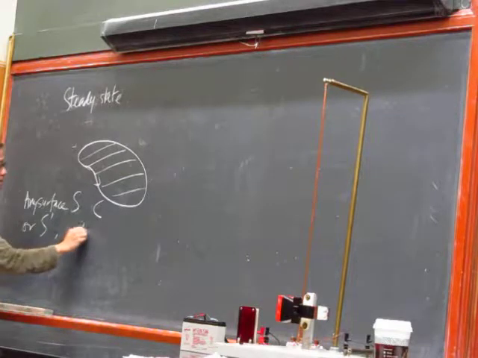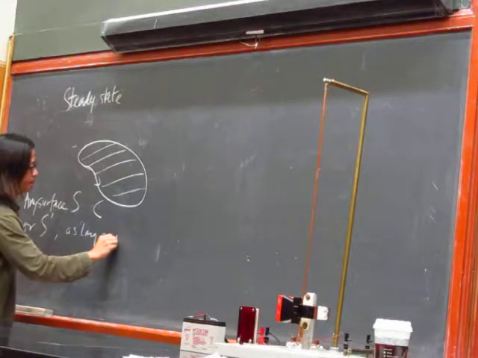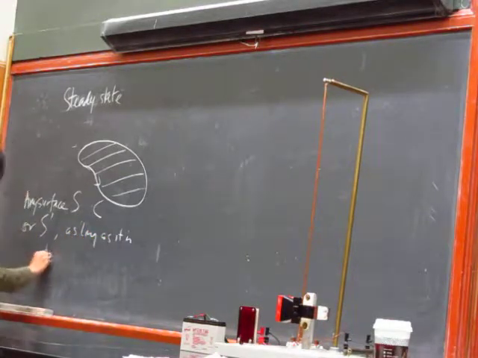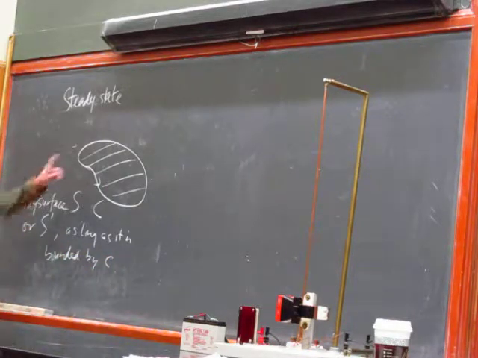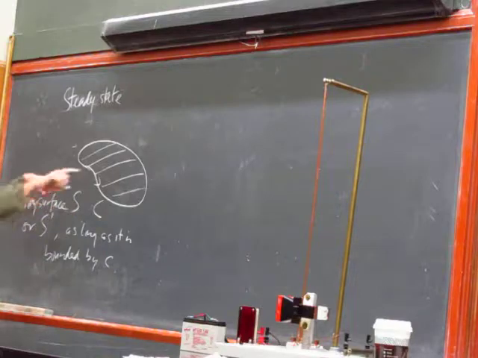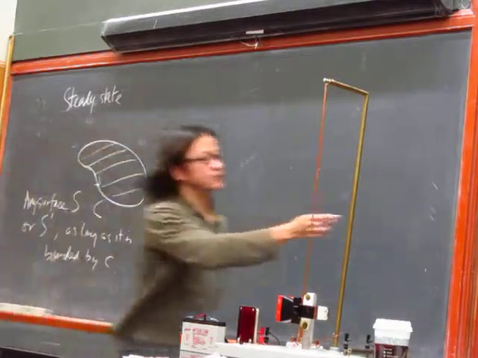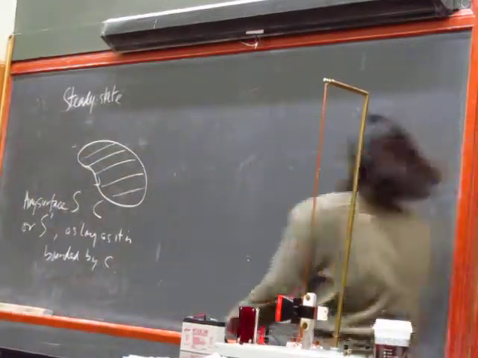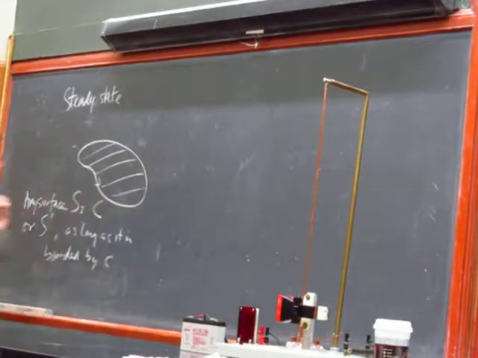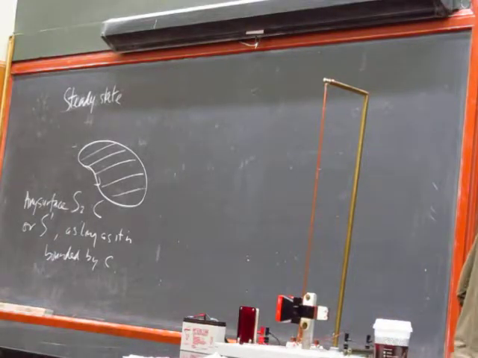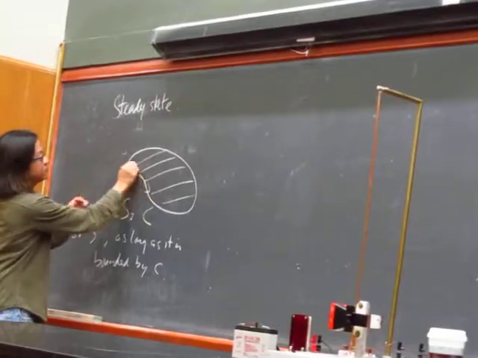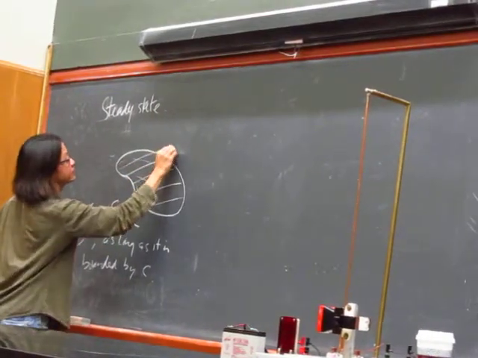This is because suppose I have two surfaces, the same C, this is S1, this is S2. Let's point the normal of this surface along that direction, and the normal of this surface also in that direction.